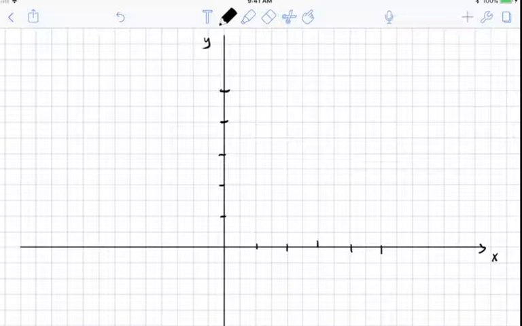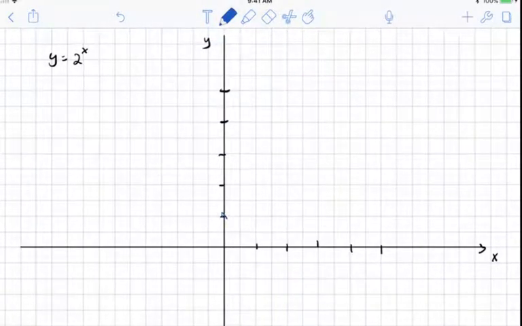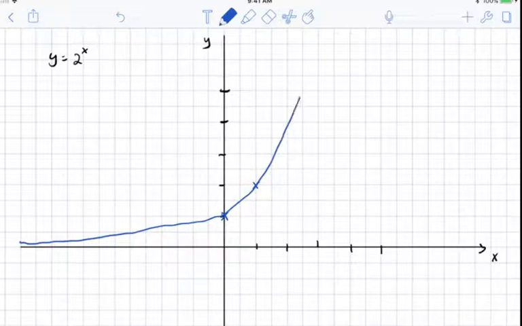So let's plot the function y is equal to 2 to the power x. Plot it in blue. You know that it goes through this point, and then this point, and so it has this shape. There's a horizontal asymptote, it goes through that point, and then that point, and then that characteristic doubling feature.